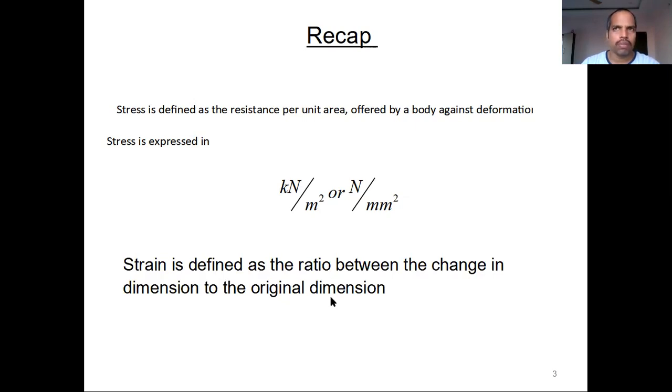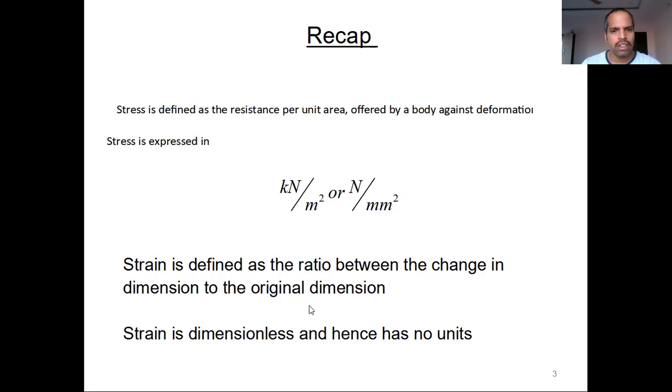Means after it is subjected to axial loads, the body deforms. So deformation takes place. Whatever deformation takes place, that is the change in dimension. That may be change in length, change in width, change in depth, something like that. So that change in dimension divided by original dimension will give the strain. Strain, of course, is dimensionless, hence it has no units.